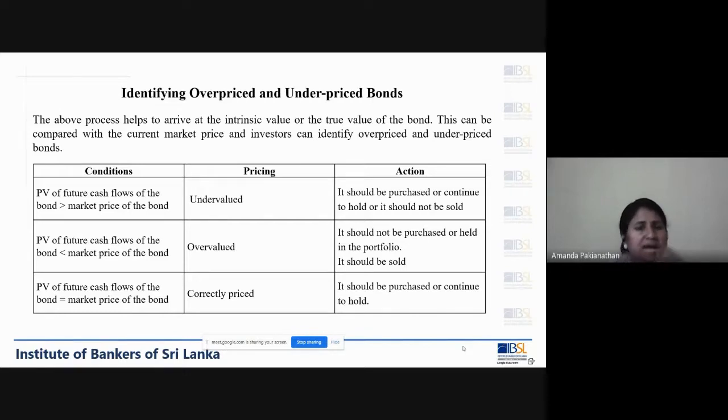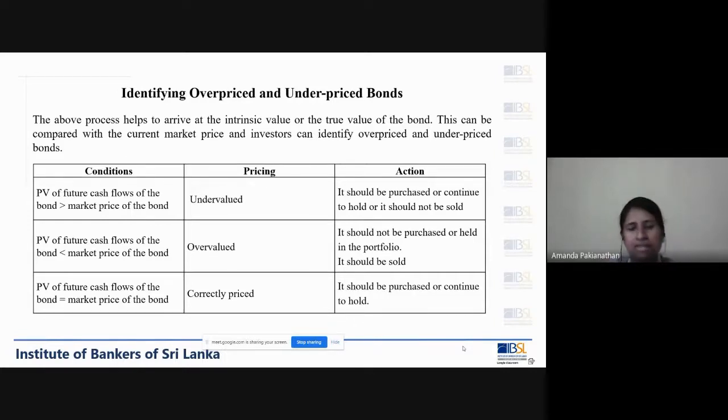At what price is this bond trading in the market? Is it being traded at a price lower than its true value, higher than its true value, or at the true value? That is an important investment decision for the investor.